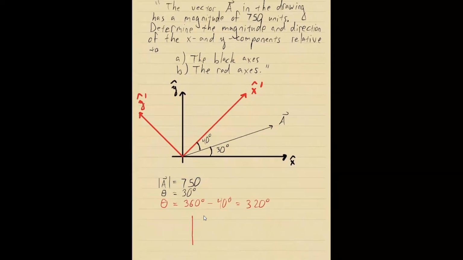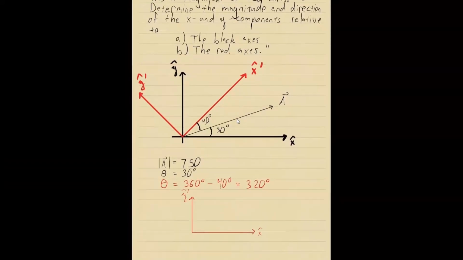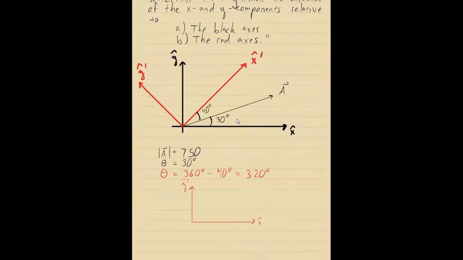As an example, I could have rewritten it like this. Here's our x prime and y prime axes, and according to this, vector A is 40 degrees below the x prime axis. So I could have written it like this, something like that.